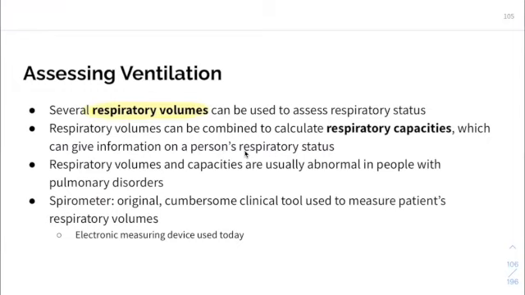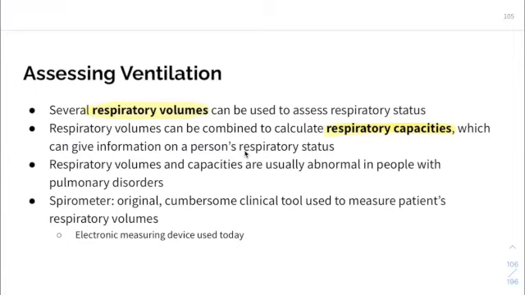How well is it working? We can take the respiratory volumes and figure out the respiratory capacities, which again tells you how much air somebody can breathe in and out, and that'll tell you the status of their respiratory system.